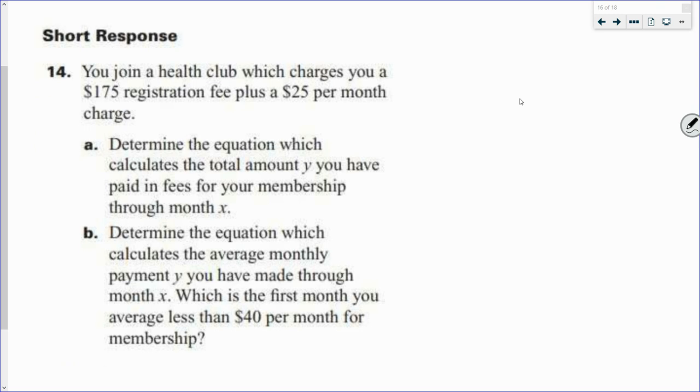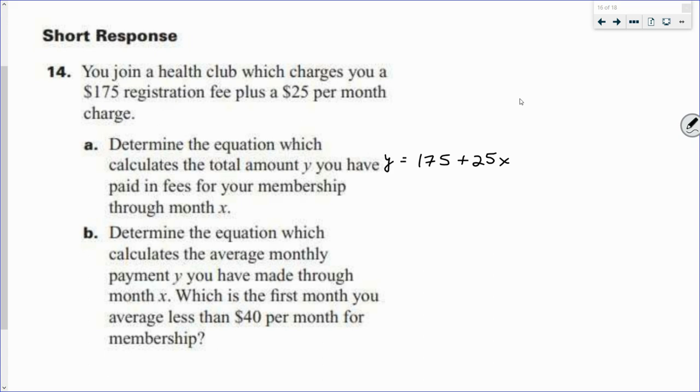All right. You join a health club which charges you $175 registration fee plus $25 per month. So if I'm looking, determine an equation to calculate the total amount you have paid in fees for your membership through month x. So I pay $175 plus $25 per month. This is what it's asking, right?